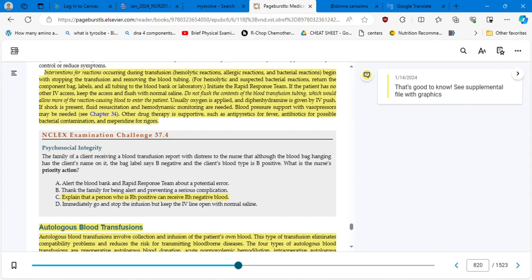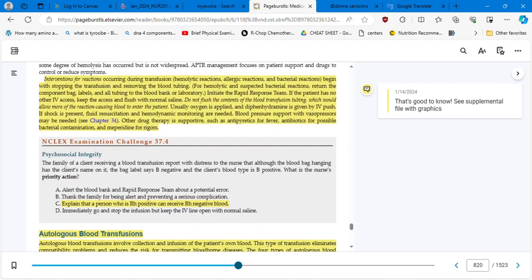There is a graphic with all the things to do in case of different types of reaction. For example, if you have an allergic transfusion reaction, you give Benadryl. If you are having a febrile adverse reaction, you start with your Tylenol, right? Also, you're going to see in this graphic the signs and symptoms of each adverse reaction post transfusion.